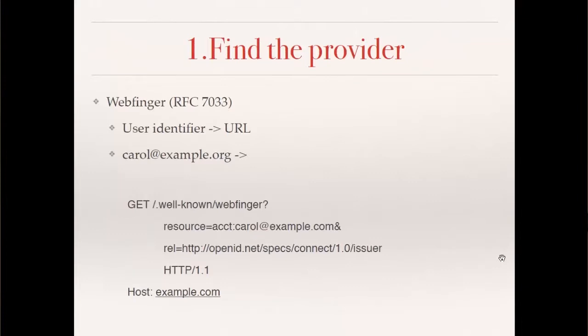So what you do then is that you have some kind of user identifier, like carol@example.org. It looks like an email address, and it may be an email address, but not necessarily. It's some user at some domain. And from that, you construct this HTTP GET.